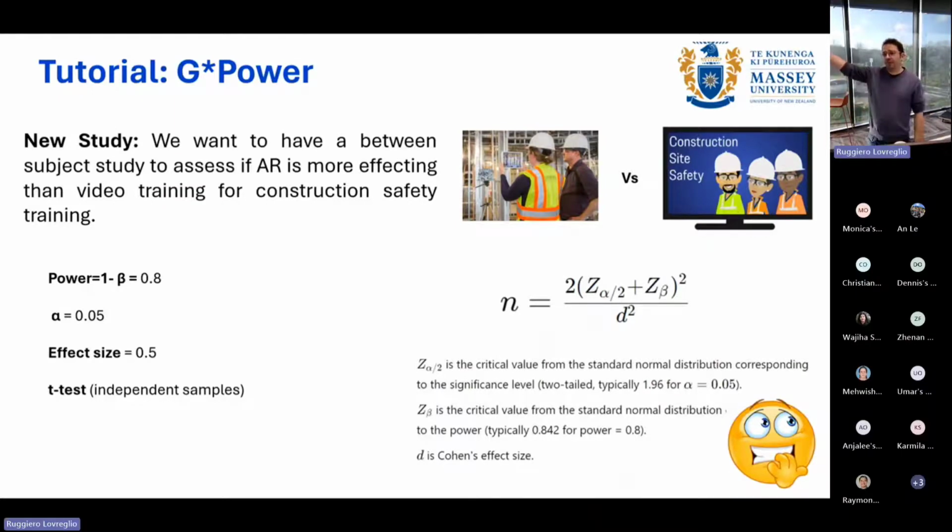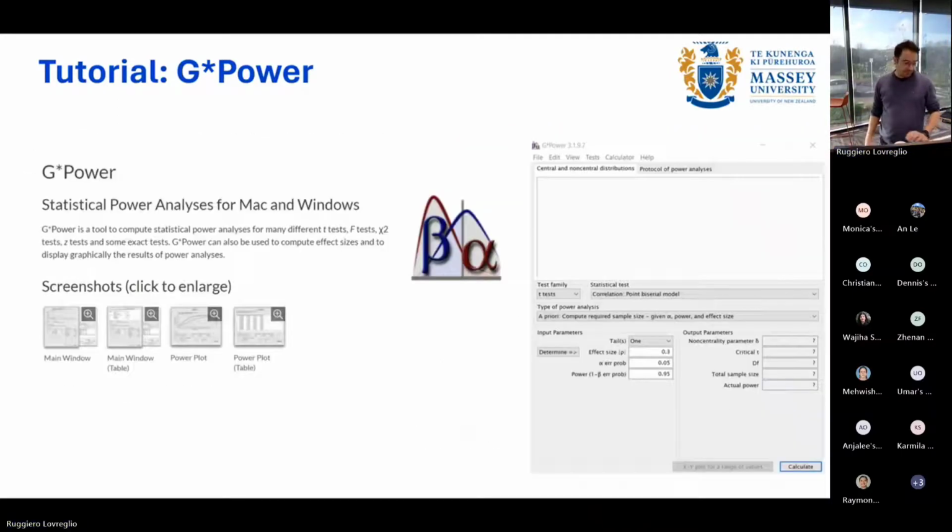This is the magic equation if you're going to do a t-test for independent samples. If you want to do a power analysis, you basically need to use this equation. N is the sample size that you need. You just need to be really good at estimating this zeta, and good luck with that. Of course, this can be done in Excel, but there are people that have helped us avoid these kinds of nightmares and have already implemented those equations.